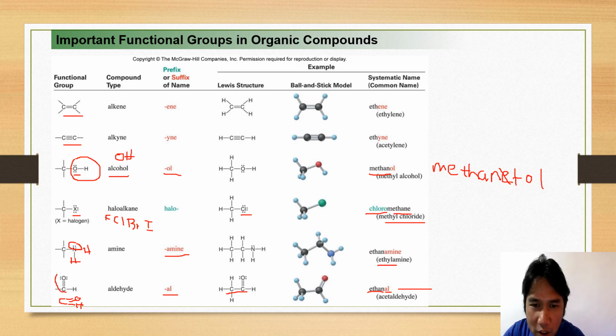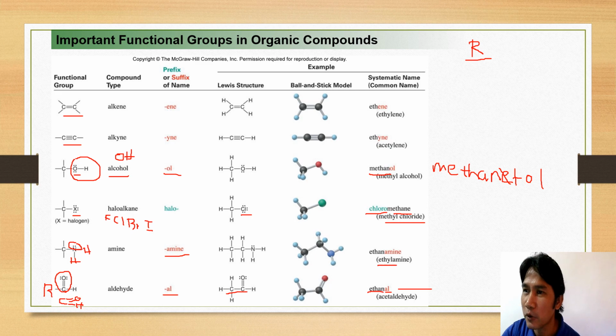In aldehyde, the carbonyl group must be at the terminal, the end-most carbon. So this carbonyl group must be connected to an R. When you see R in organic compounds, this represents the rest of the molecule.